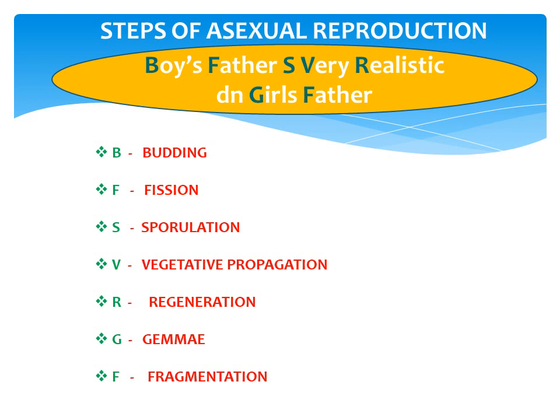So these are the different types of asexual reproduction: budding, fission, sporulation, vegetative propagation, regeneration, gemmule, and fragmentation.